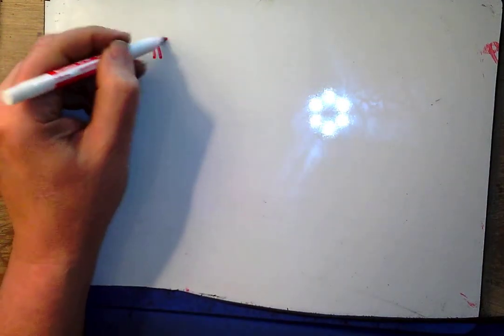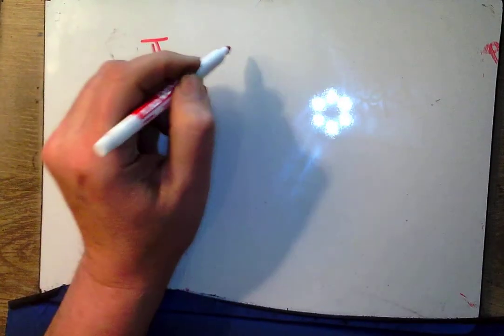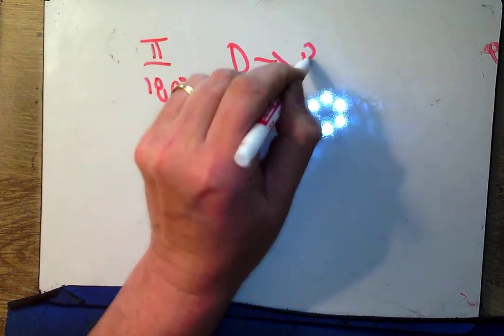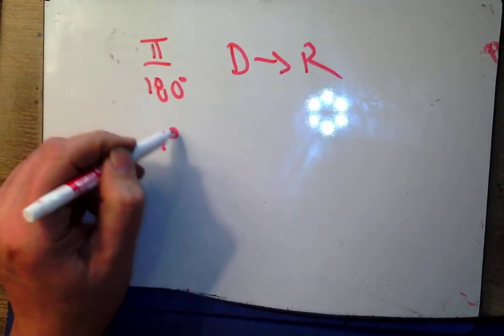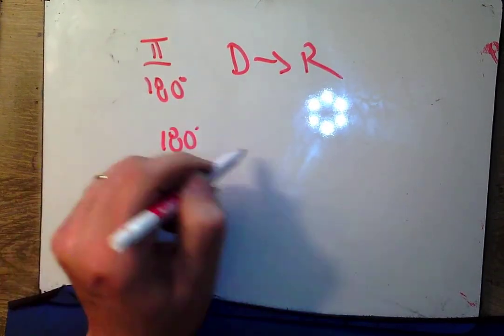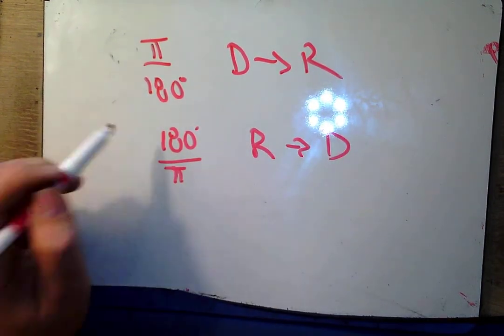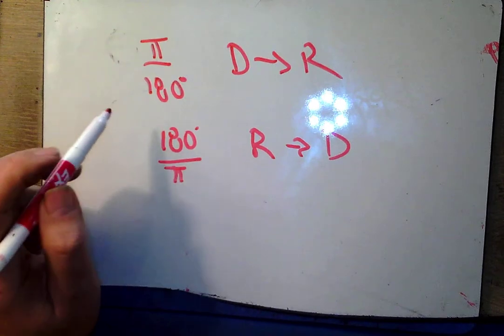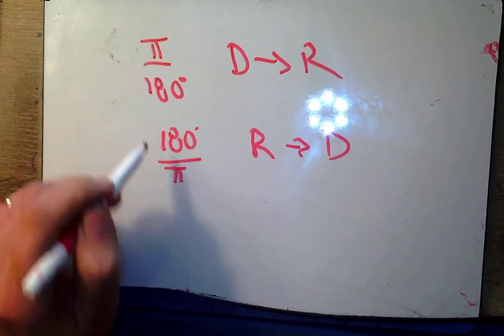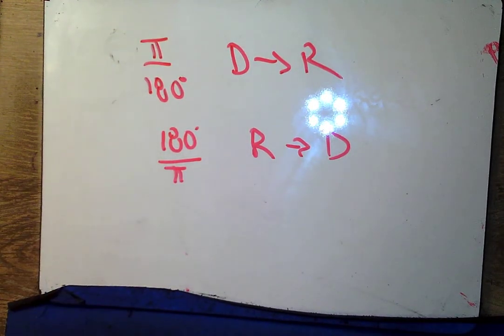Remember there's a conversion factor if you need it: pi over 180 if you're going from degrees to radians, and 180 over pi if you're going from radians to degrees. Try not to use this, really. There will be some problems that you face in the next couple of days where they ask you explicitly to convert, but that's really the only time.